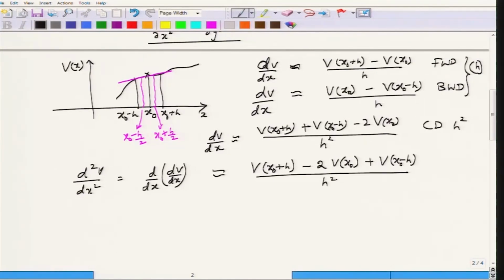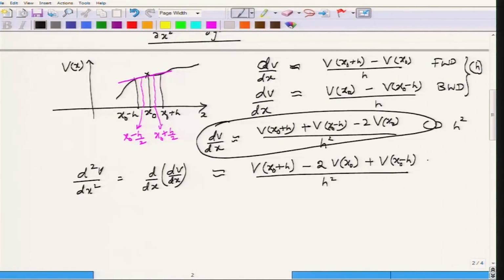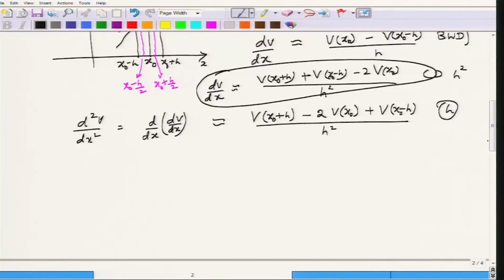Well, this seems to be in the same vein as what we have obtained, and that is right. So, you need to remember that this is the central difference formula, but this is actually the formula for d square v by dx square as well. Okay. This has an error of h. So, let us get back here.